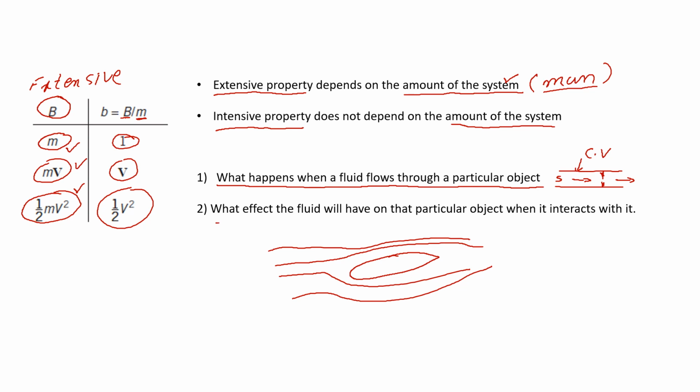So these are the 2 points that I will explain again and again over the course of this lecture, and this is what I'm more concerned about: what happens when a fluid flows through a particular object, and what happens when a fluid interacts with a particular object. And this is what we gain from our Reynolds transport theorem. So this is what our Reynolds transport theorem gives us. So let's move forward.